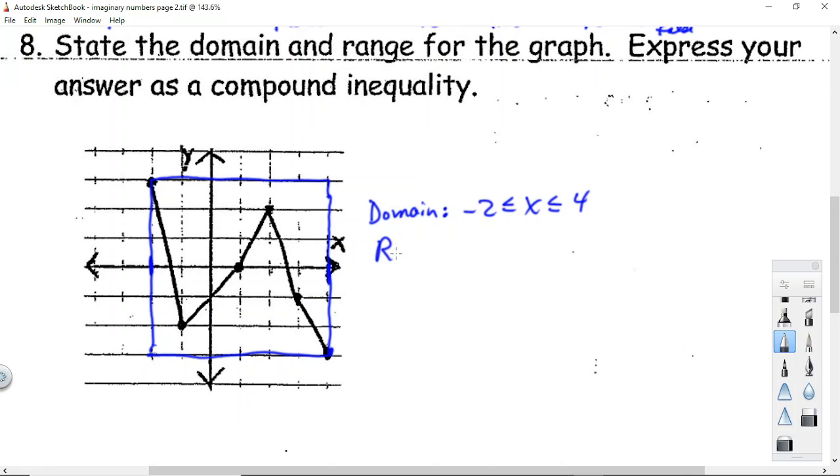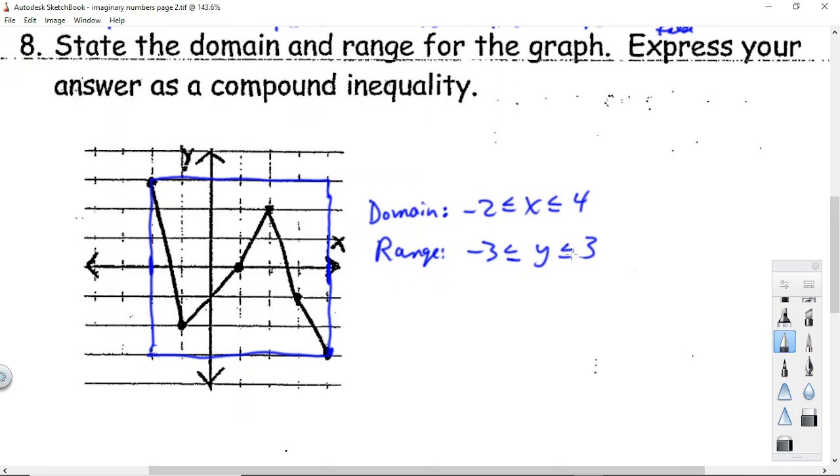Okay, and for the range, how far to the bottom, sorry. And that's -3, less than or equal to y. It's less than or equal to, how far up? Up to 1, 2, 3. I believe that's 3. Okay.